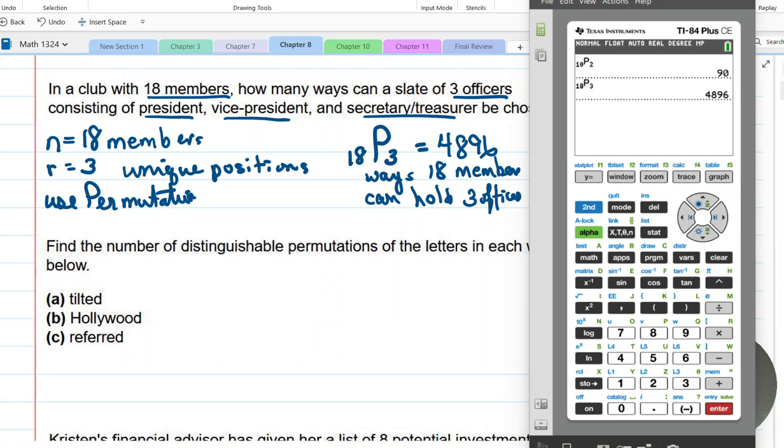So we've got 18 members in a club, and there are 4,896 ways those members can be chosen to hold offices in this club. All right.